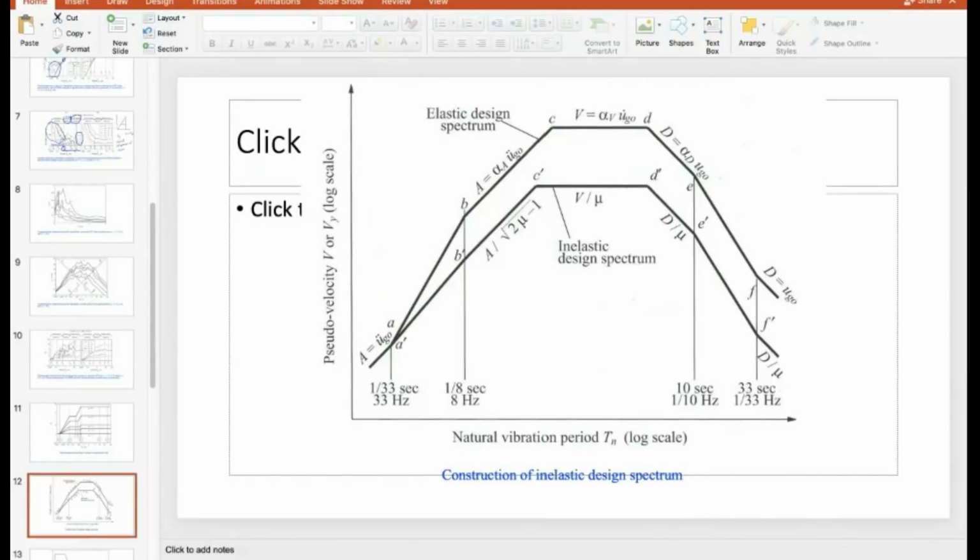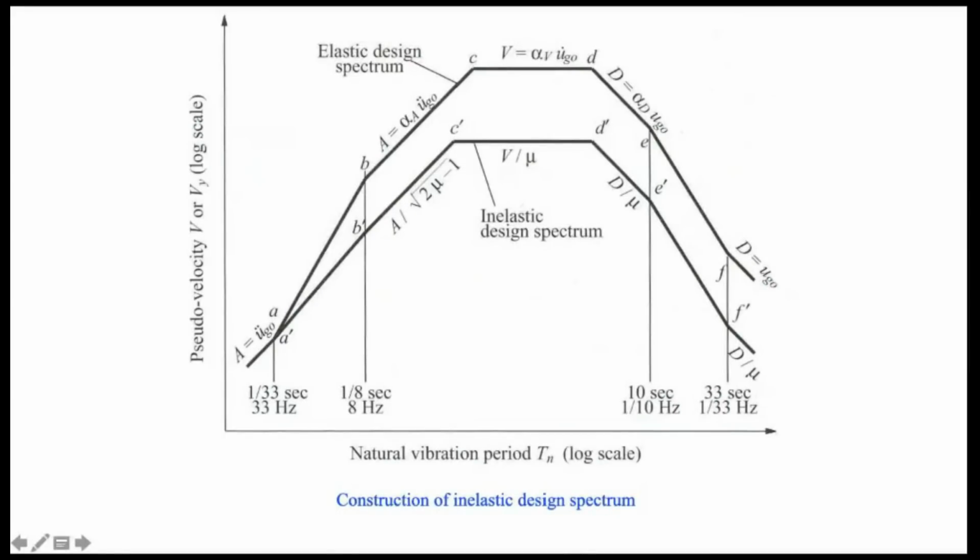Okay, so with that same concept, using those equations of the Ry, ductility and the Tn, the elastic design spectrum that was shown in the four-way plot can be shown as an inelastic one with this spectrum that is showing you the inelastic spectrum of the system for that known ductility. So you can see that this A branch is divided by the square root of 2 mu minus 1, which is the strength reduction factor.